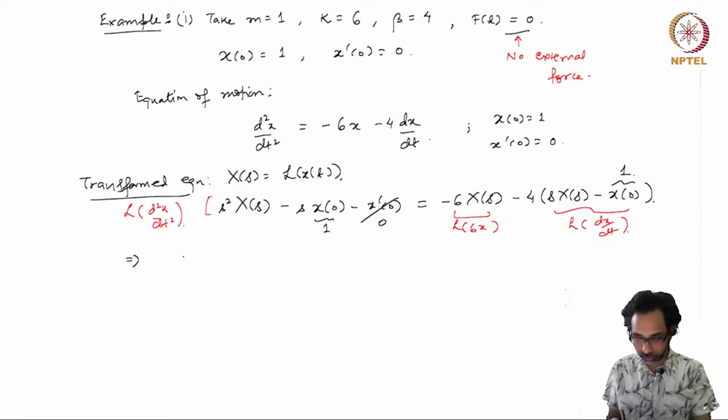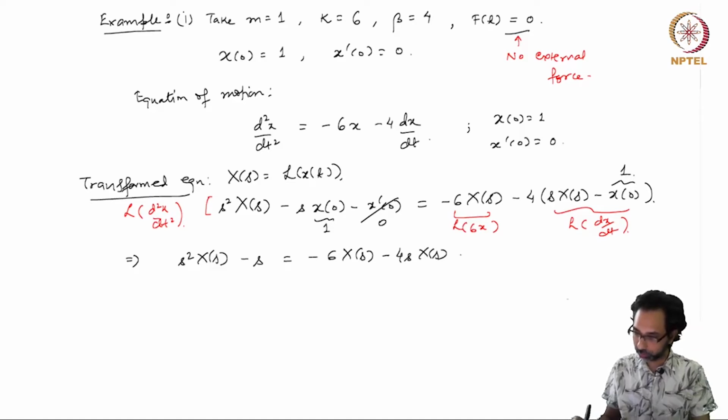So we get s squared X(s) minus s is equal to minus 6 times X(s) minus 4s times X(s) plus 4.